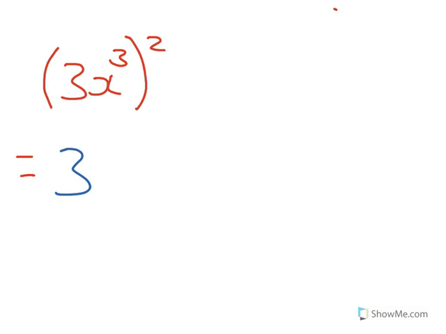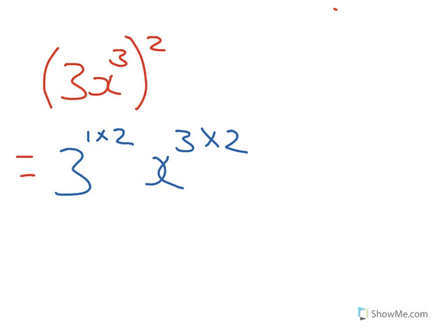Also, if we had the example of 3 times x to the power of 3, all in brackets to the power of 2, we have to understand that when we expand this out, we have 3 to the power of 1 times 2 times x to the power of 3 times 2.